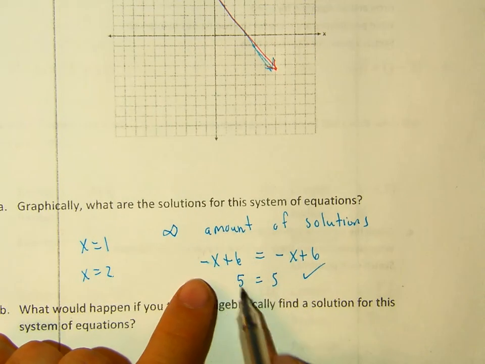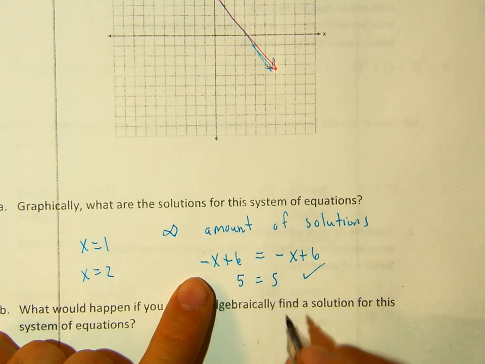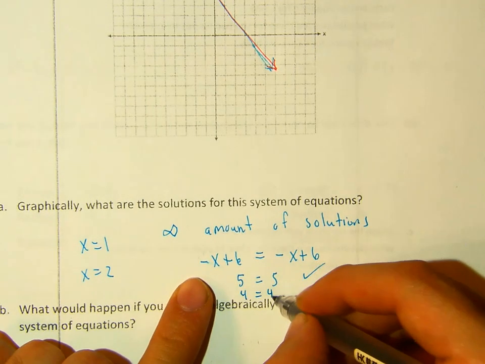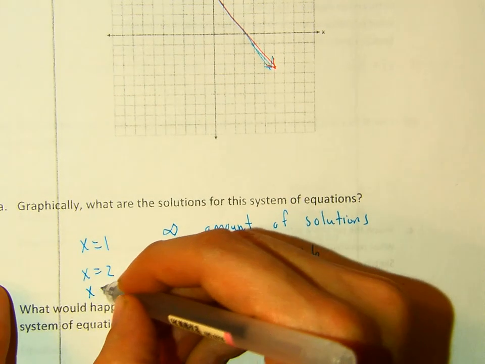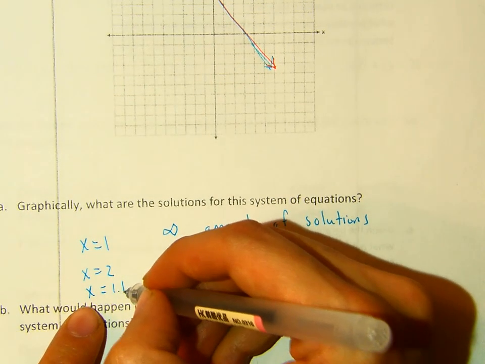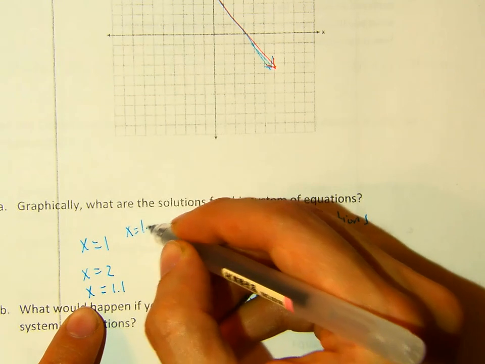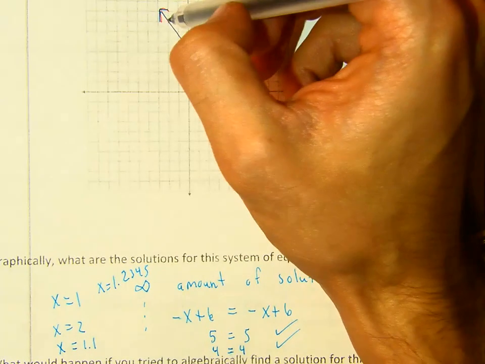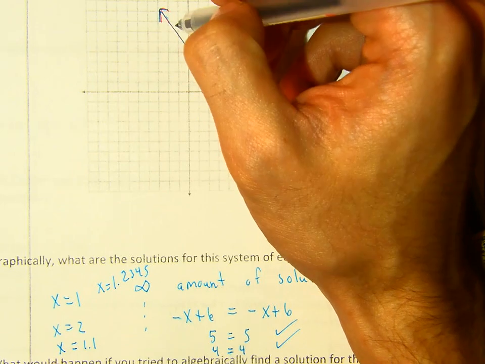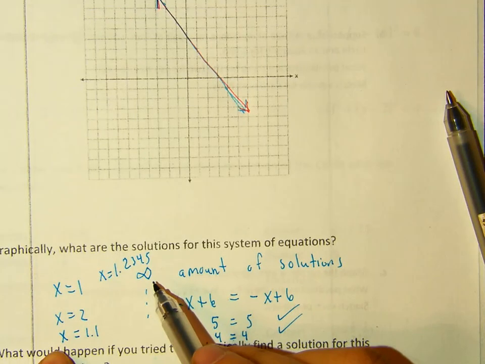If I say x equals 2, then negative 2 plus 6 is 4 equals 4, and that also works. X can be any number you want. You could say x is 1.1, x could be 1.2345, it doesn't matter. Because they intersect at an infinite amount of possibilities.